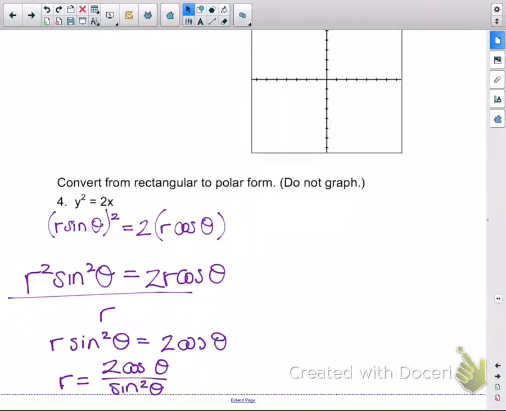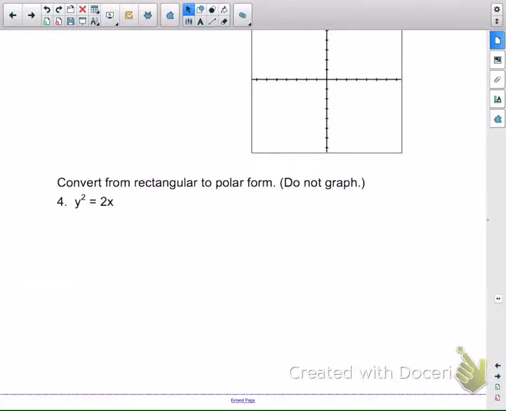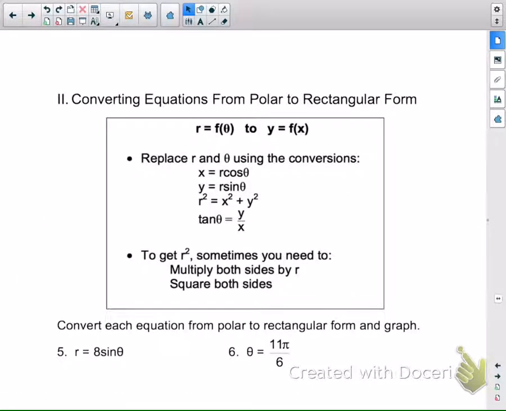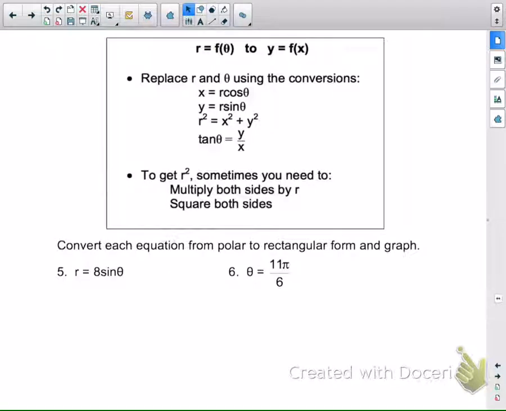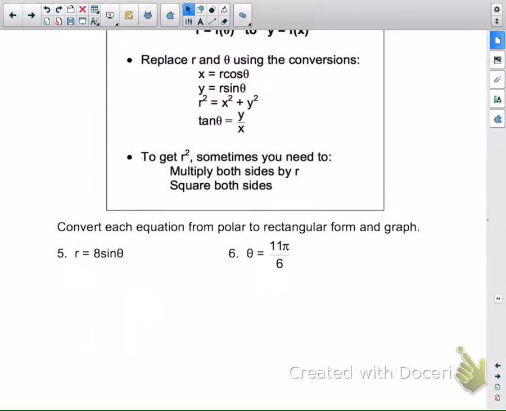It uses the same rules, only it's a little bit weird on some of them. So on the next one, here's the thing with converting polar to rectangular. Almost everything that you have to switch out needs r to be squared, if at all possible. It's helpful to you.